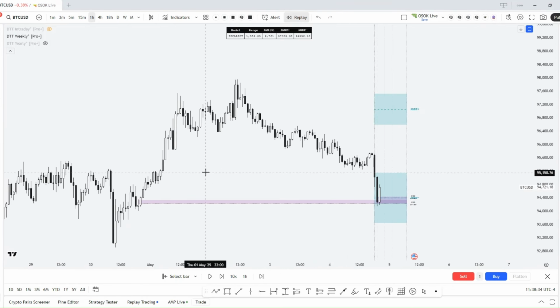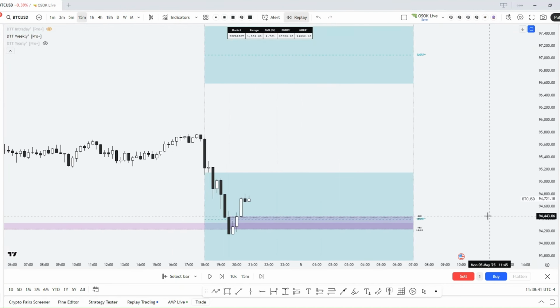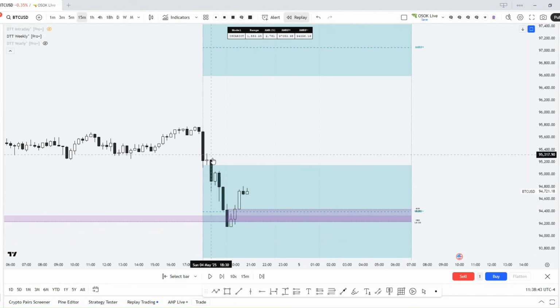All right, so Bitcoin, I could look at it on the 15 or the hourly. Let's stick to the 15 here just to see if there's more opportunities. What I'm already noticing is that most of this is being balanced out. So let's wait on Bitcoin here, see if there's an opportunity.